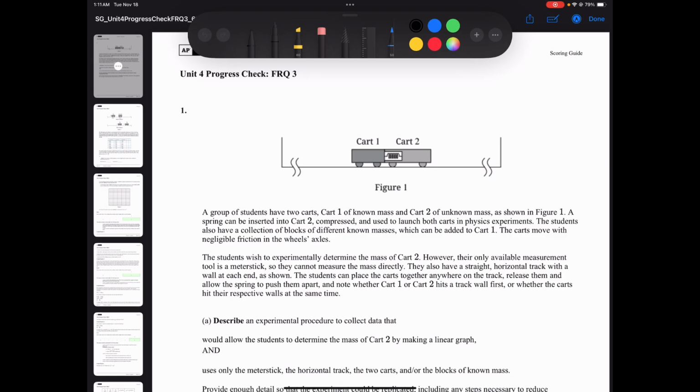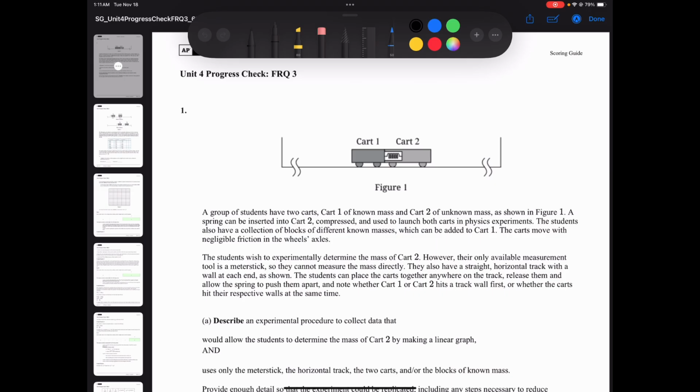We have cart 1 and cart 2 of unknown mass, and a spring is inserted into cart 2, compressed, used to launch both carts in the physics experiment. They have a collection of blocks of known masses, which can be added to cart 1, and the carts move with negligible friction in the wheels and axles. We have to experimentally determine the mass of cart 2, but the only measuring device is a meter stick, so they can't measure the mass directly.